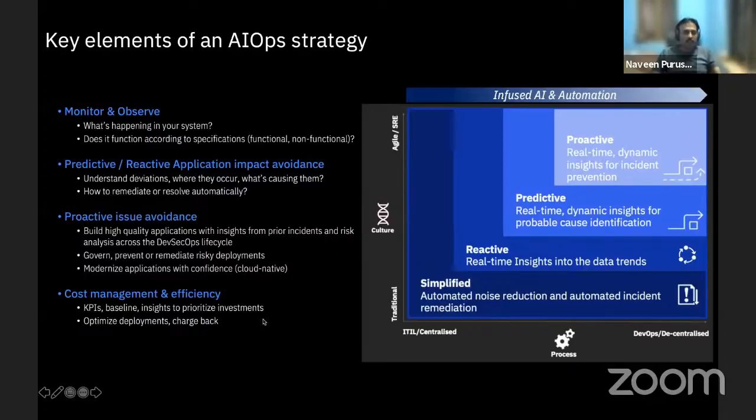And one final thing, which is also related to AIOps or application of AI in IT service management, is cost management and efficiency. There is a separate branch, which is now popular with the term FinOps, financial operations. And what happens there is, in a cloud environment, I'm sure many of you would have at least got a taste of some form of cloud environment. In a cloud environment, whatever you deploy, there is a cost, right?